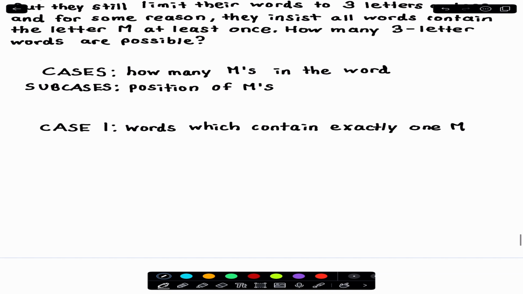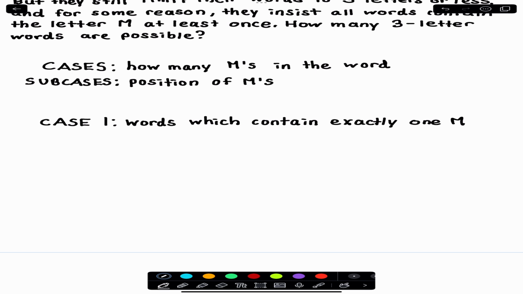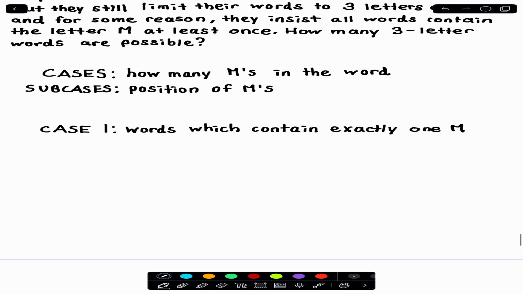Because if we just take a look with a few examples, 3-letter words which contain exactly 1 M in the first case, there are many different types that satisfy this.